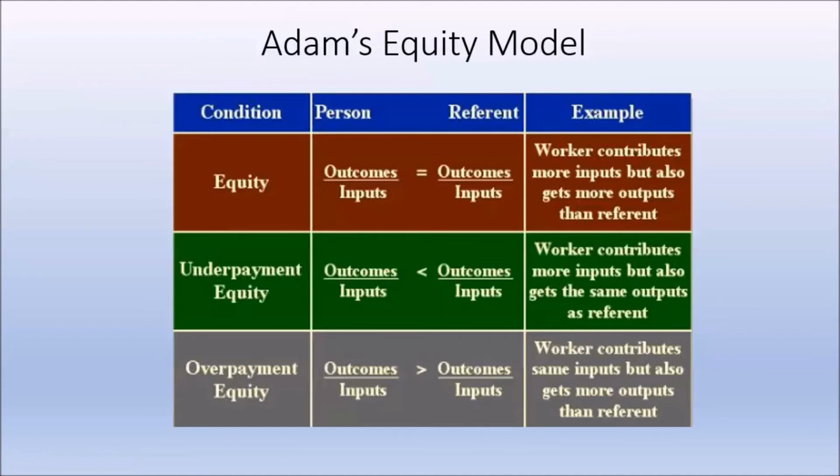This is the situation when employees feel that they put in more effort, but only get the same as the other employees got, even though they did not perform any differently.